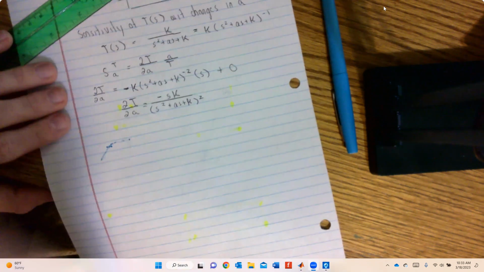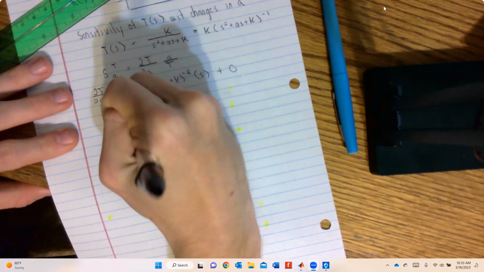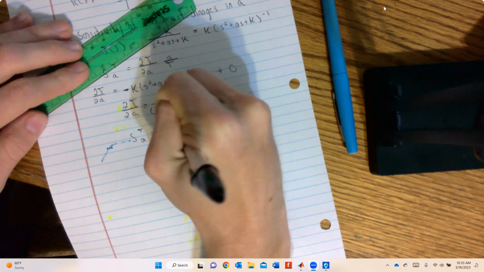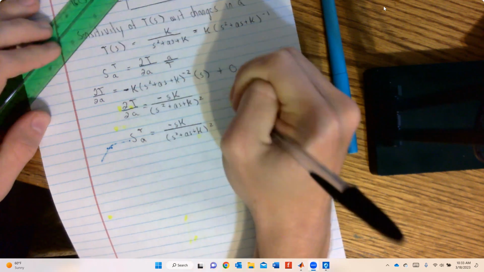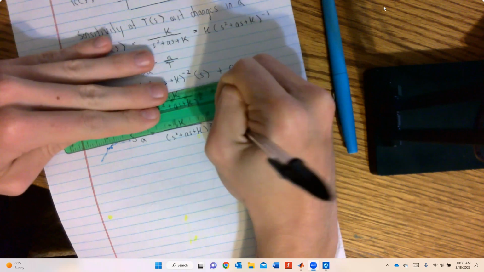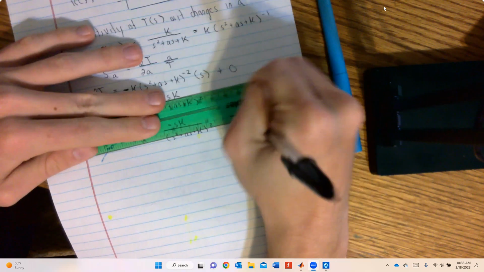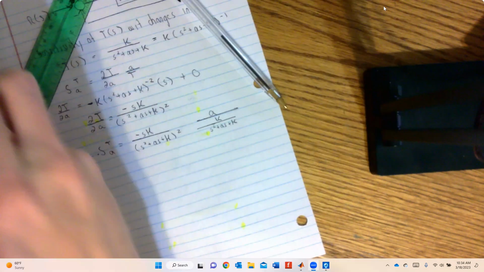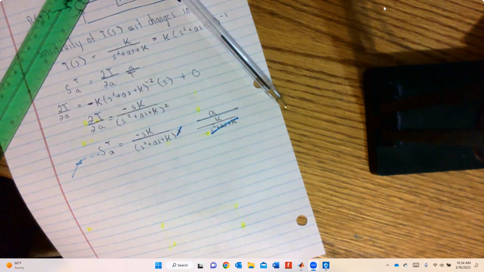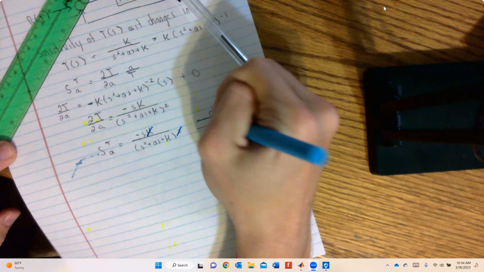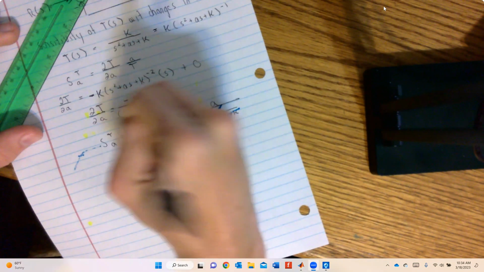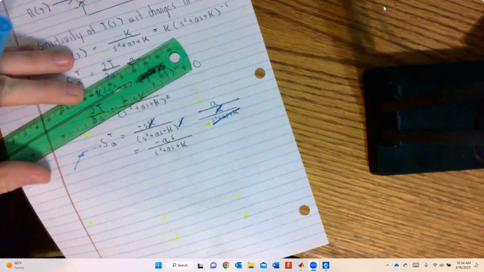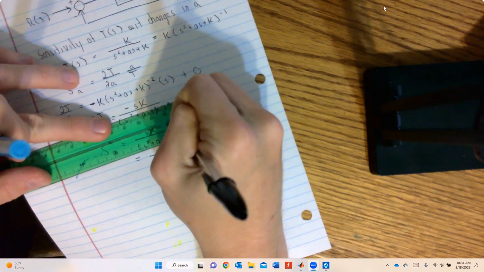Now we need to find A over T. So I'm going to plug this in. My sensitivity of T with respect to A is negative S K all over S squared plus A S plus K, squared, times A all over my transfer function, which was K over S squared plus A S plus K. One of the squared terms cancels with the transfer function's denominator, and the K in the numerator cancels with the K in the denominator. You're left with negative A S divided by S squared plus A S plus K. That is our answer for the sensitivity.